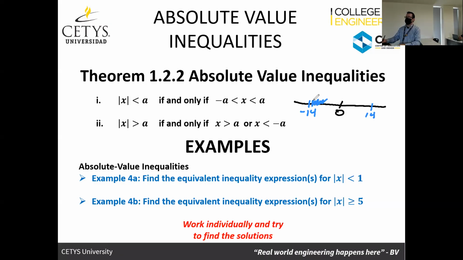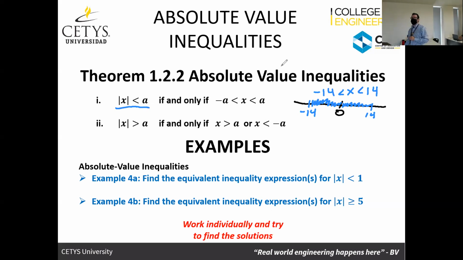In this range here. And so the range is between -14 and 14. So that's the case when it's less than. When the absolute value is less than a number or a value, then the representation of that is that it's going to be between the positive and the negative of the values. That's the way we're going to interpret or consider the negative and the positive.